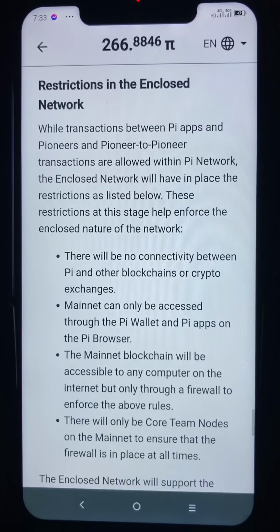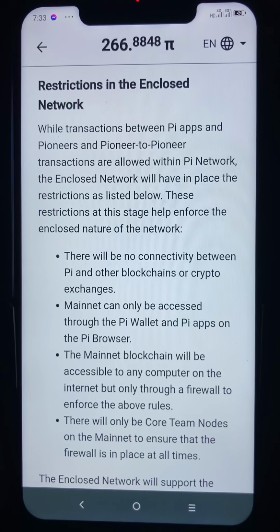Restrictions in the enclosed network. Ay, nako, spot on pala yung napag-usapan natin nung isang araw about this, nung Wednesday. When I read this, eksakto yung pagkakaisip ko kung ano yung mga bawal. So sabi niya, while transactions between PIAPs and pioneers and pioneer to pioneer transactions are allowed within the Pi network.